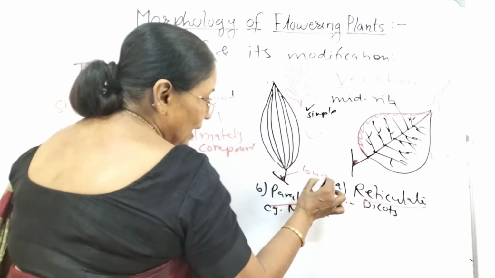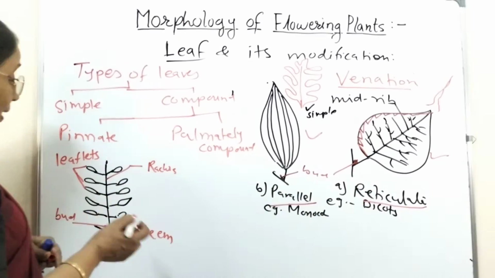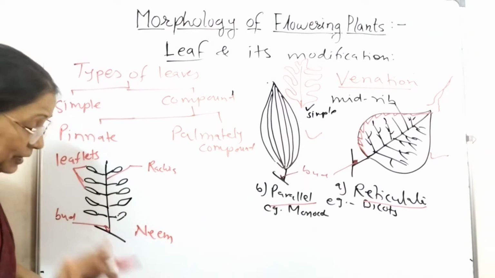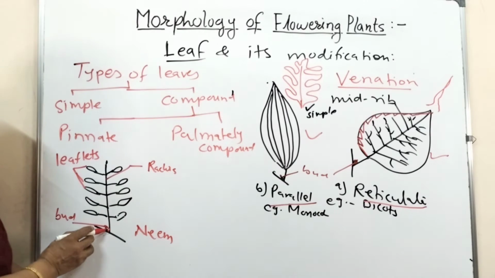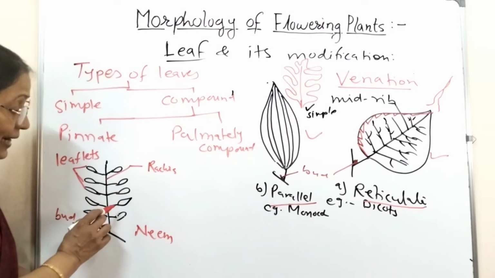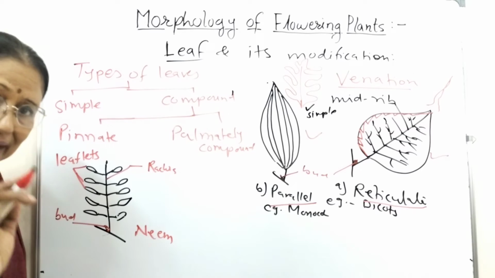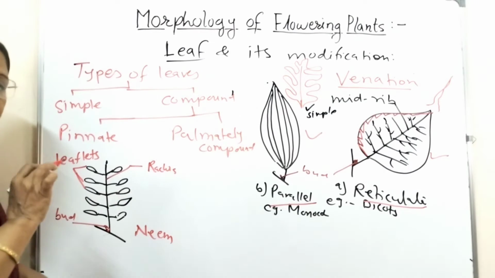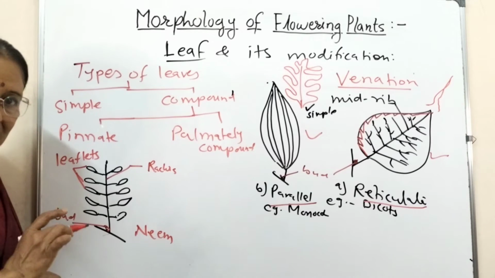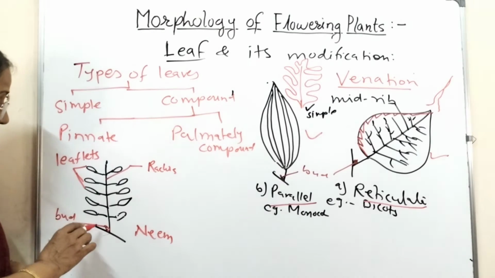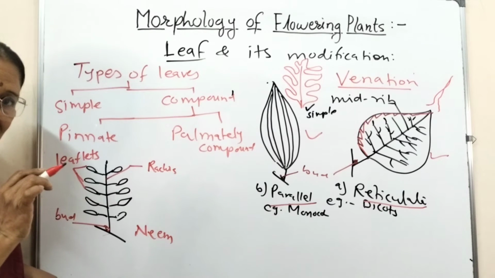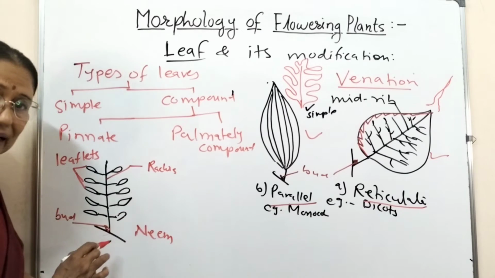This bud you will find at the base of leaf. कहाँ है? यहाँ. Nowhere else will you find any bud, but the bud is present here. ये कंपाउंड लीफ के बेस में प्रेजेंट है, लीफलेट के बेस में प्रेजेंट नहीं है. This sentence is very important to understand this, that the bud is present at the base of what? कौन सा टर्म यूज करोगे? कंपाउंड लीफ. ये सब मिला के हो गया है कंपाउंड लीफ.